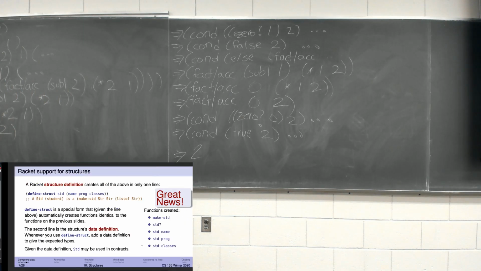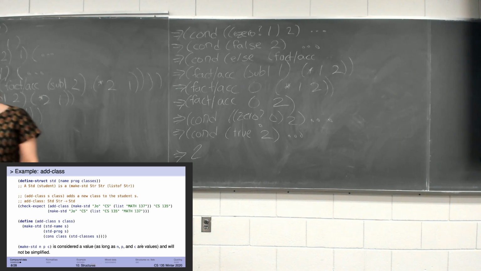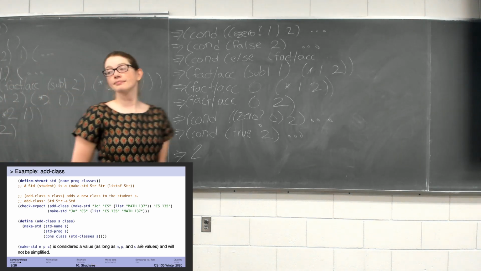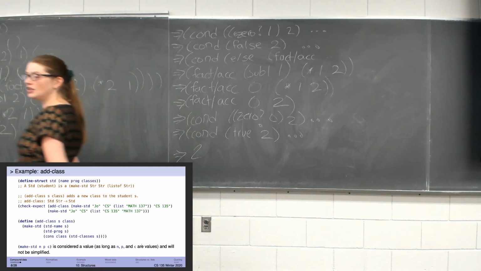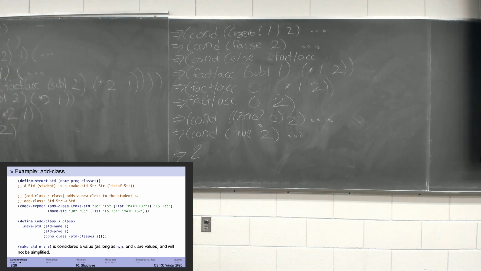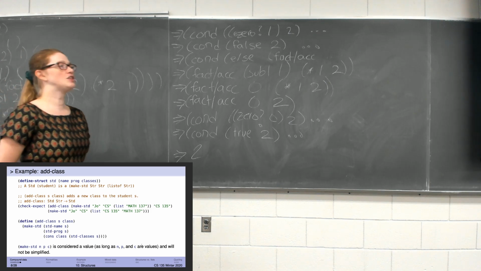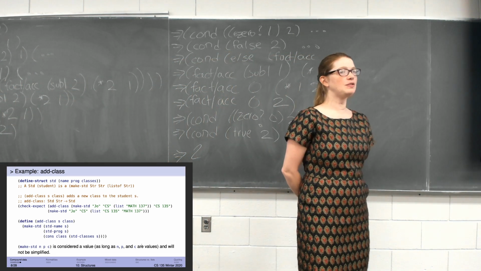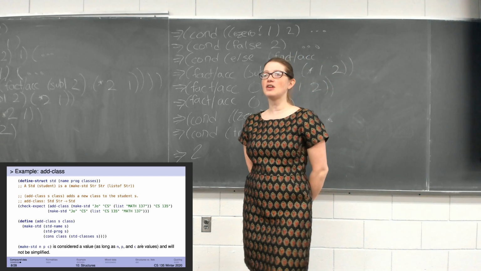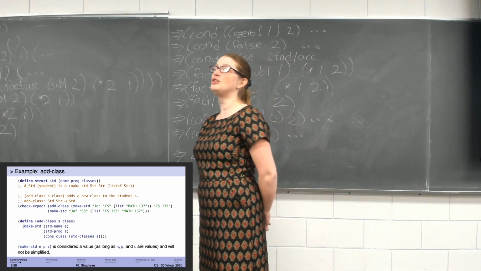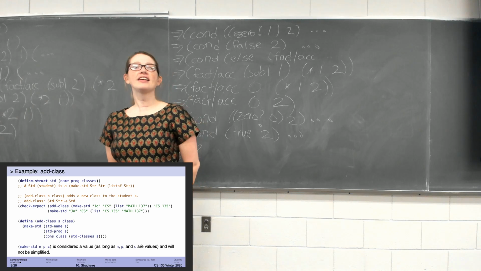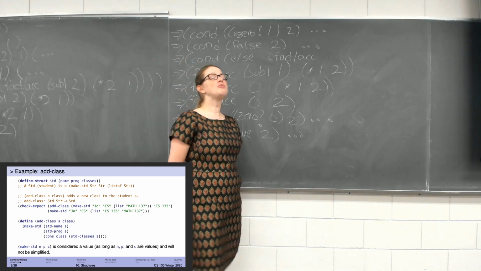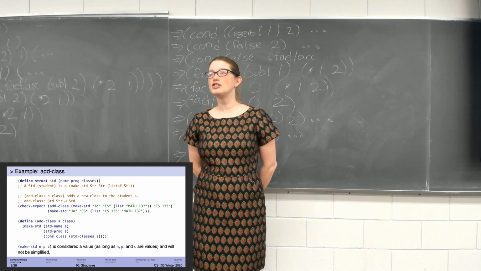So, now we could actually use this. We've created our structure, we've created our data definition for it, and now we can start writing functions. The really beautiful thing about define struct is you're not going to be spending time writing the functions to construct and select the different fields. You are going to be spending time writing the actual functions that matter.